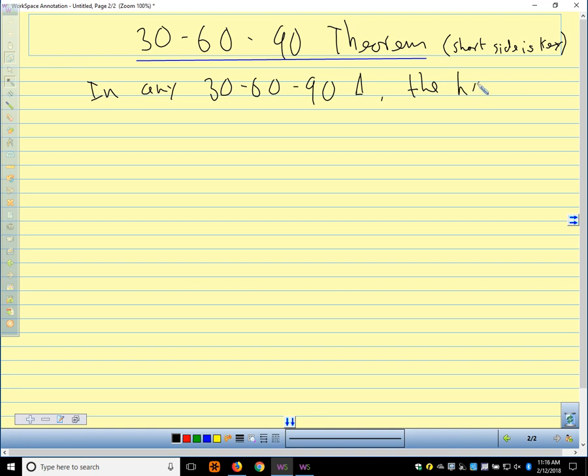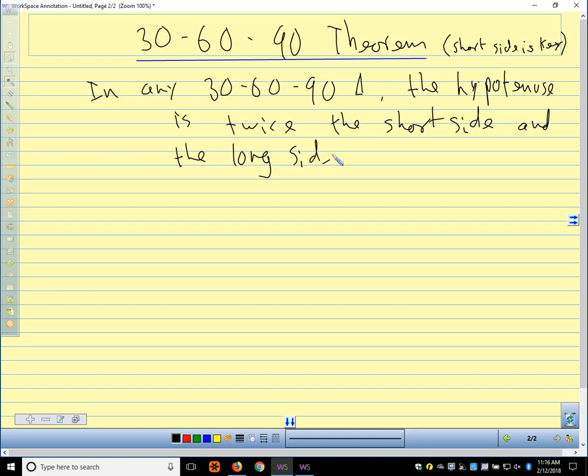The hypotenuse is twice the short side, and the long side is square root of 3 times the short side. So in a 30, 60, 90 triangle, our short side is the key.